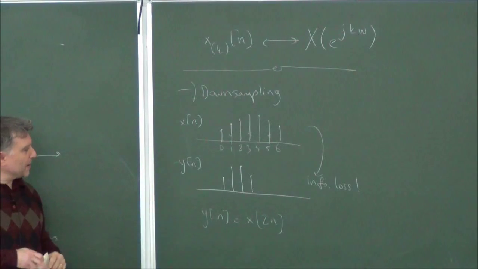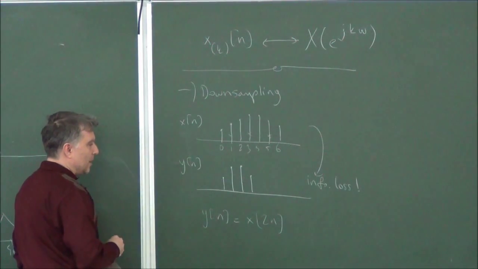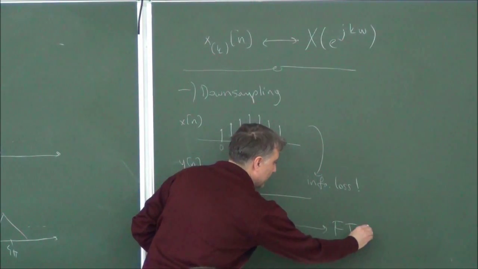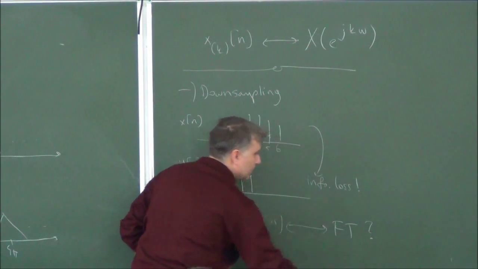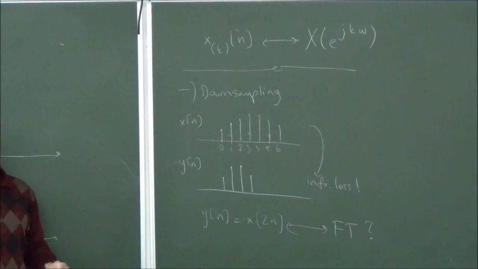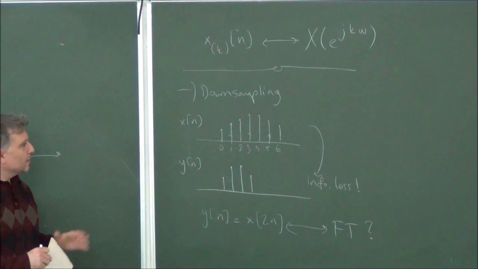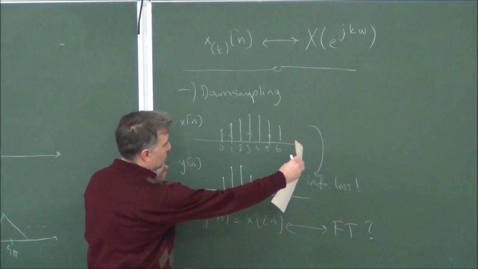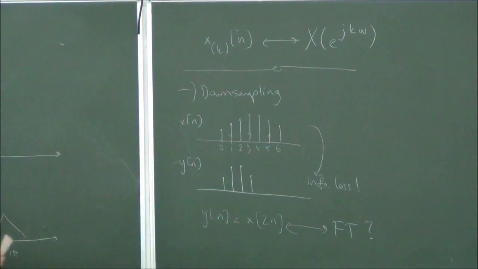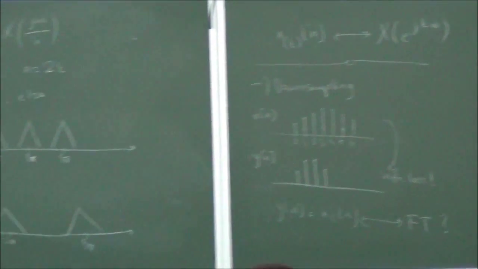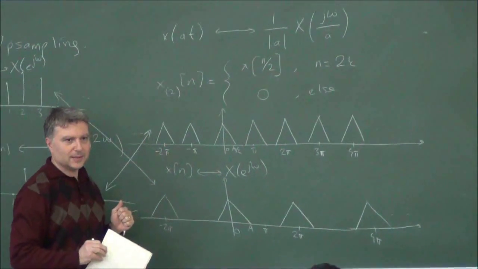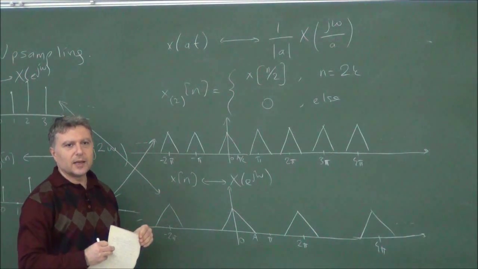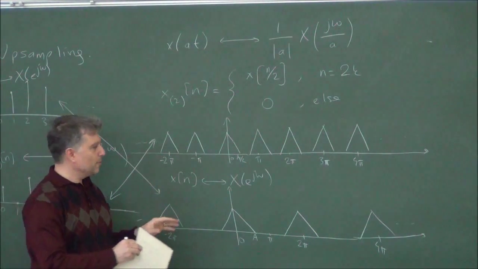This is downsampling by a factor of 2. But what is the Fourier transform? Now the Fourier transform is problematic because, as you see, in terms of analogy, you are squeezing in time. Therefore, what do you need to do in the Fourier domain? You have to expand in the Fourier domain, right? Assume that we are doing downsampling by a factor of 2.